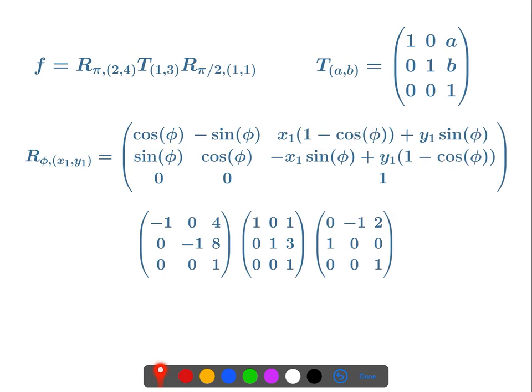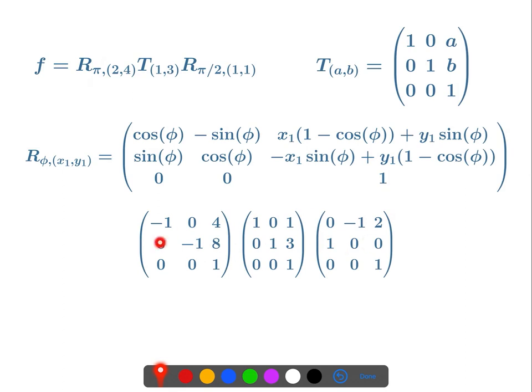Sine of pi is 0, so these are both 0. And so we just have twice x1 and twice y1. So twice 2 and twice 4 gives me the 4 and 8. So twice the x1 and twice the y1. So 4 and 8, and the 1 just comes from here again. So this is the rotation matrix R sub pi comma 2, 4.